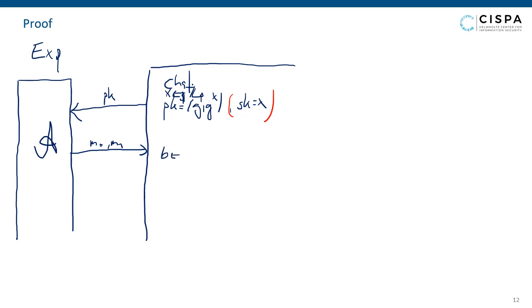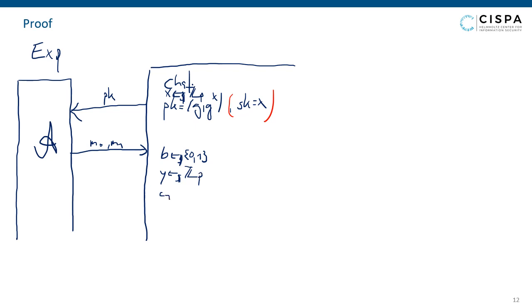The challenger flips a random bit B, chosen uniformly at random from 0, 1, and encrypts the message MB. How do we encrypt the message MB? Well, first we choose a Y uniformly random from ZP.